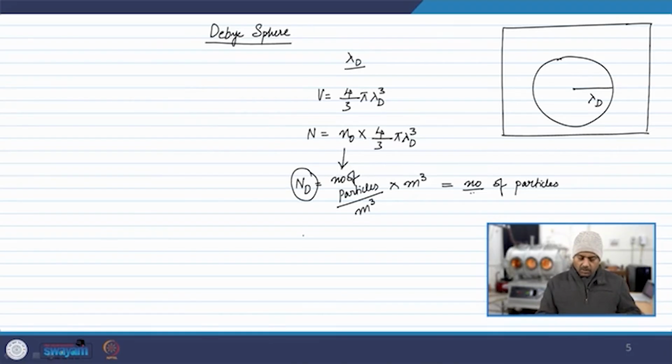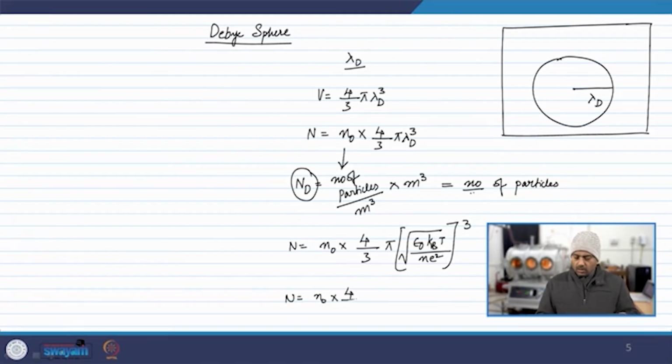Here we can substitute the value of lambda d, which we have derived, so Nd is equal to n naught into 4 by 3 pi times lambda d, where lambda d is the square root of epsilon naught kBT by n e square, all of this raised to the power of 3, or Nd is equal to n naught into 4 by 3 pi times epsilon naught kB Te by n e square raised to the power of 3 by 2.